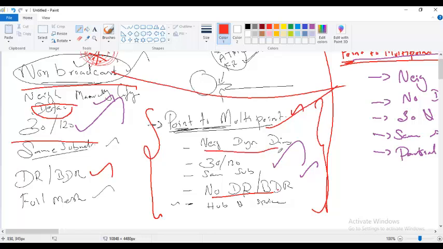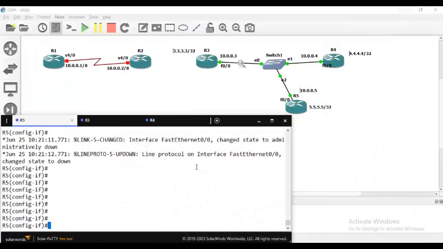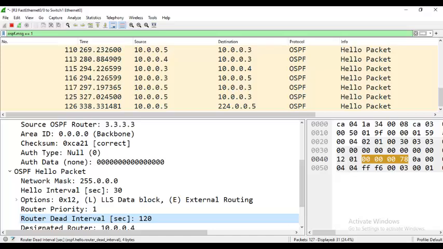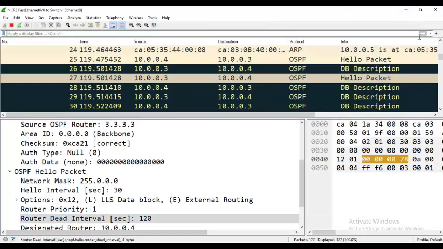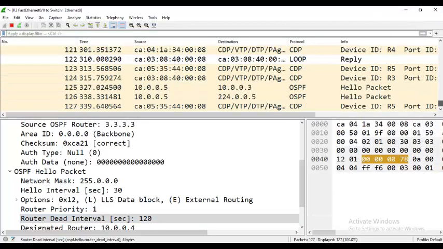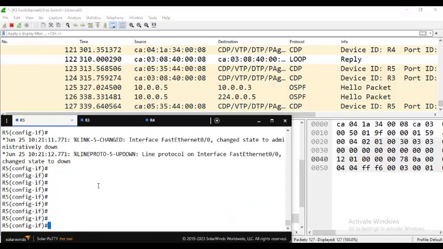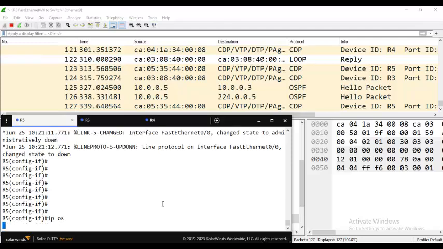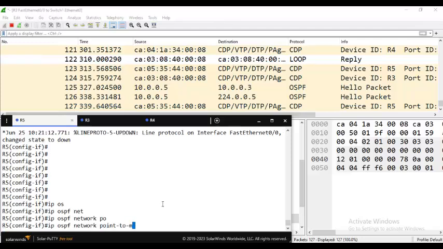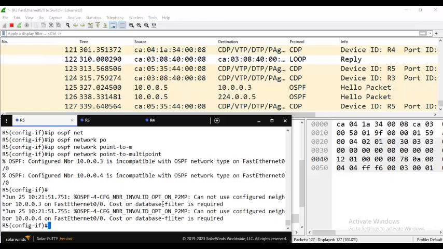I'll start from router 5: ip ospf network type point-to-multipoint. I repeat the same on all the routers, and then I bring the interface up.